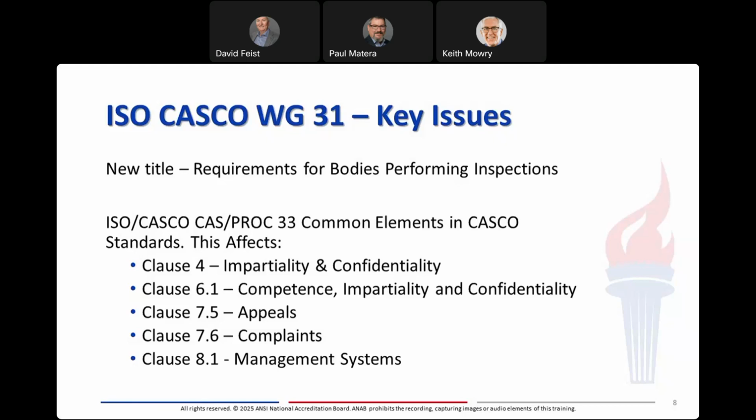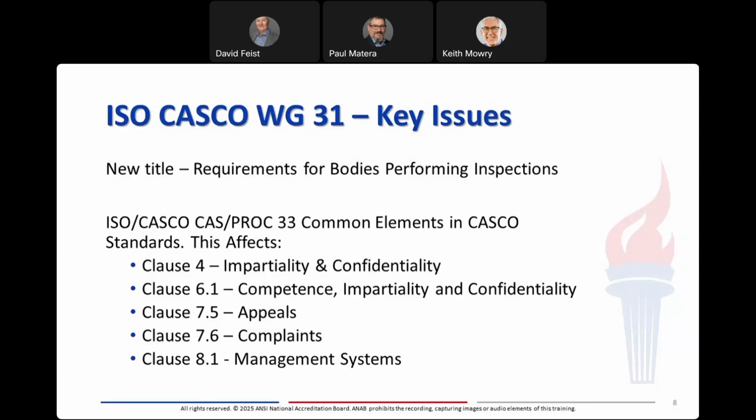So we have a new title. We have what's called the Common Elements, Proc 33, which affected just about every section. I listed on the screen the sections that the common elements were inserted into, and those common elements are things that all of the 17,000 series standards are trying to get to be equivalent to each other.